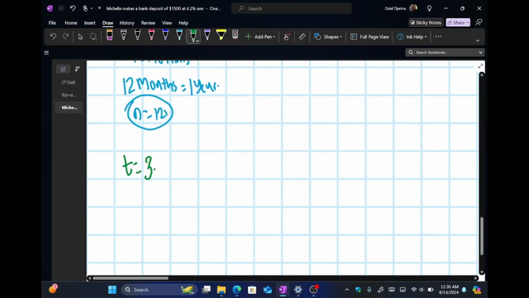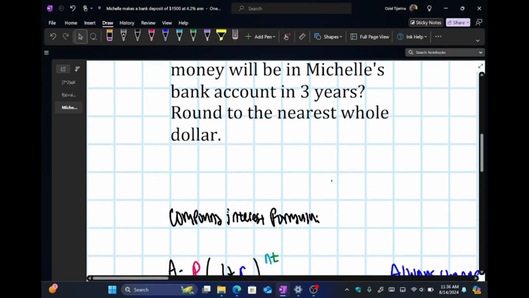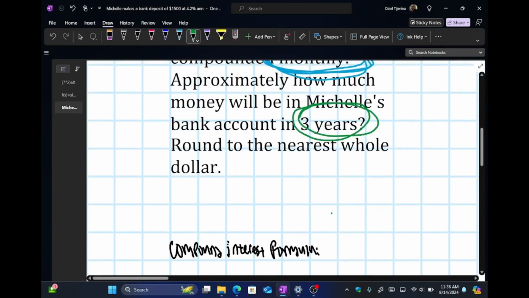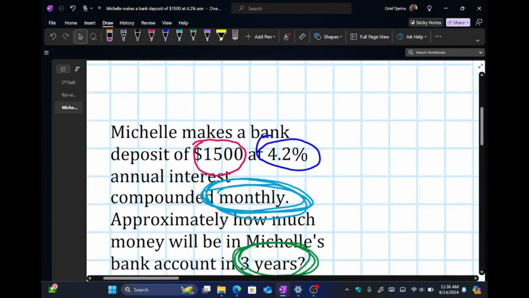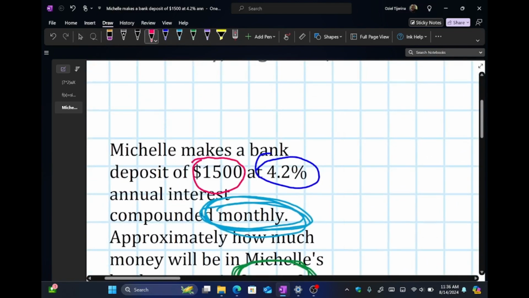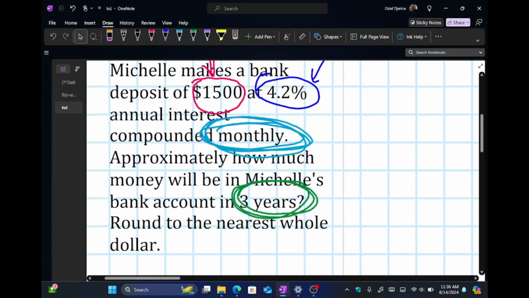Just to recap, R equals 0.042 as a decimal, N is 12, and T is equal to 3.